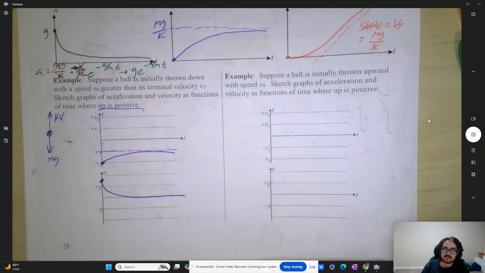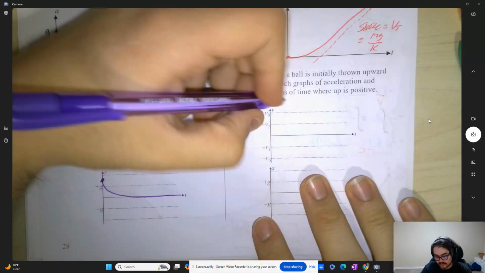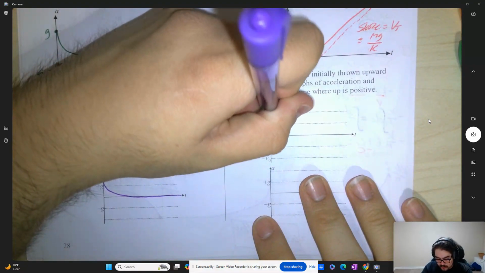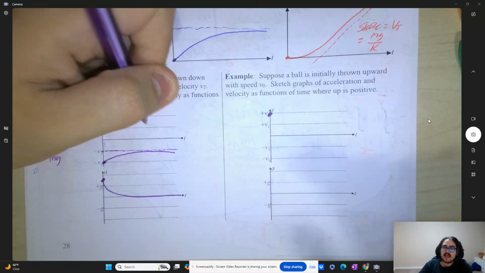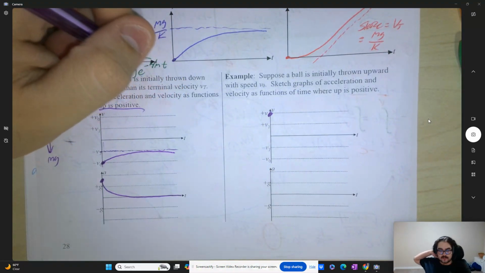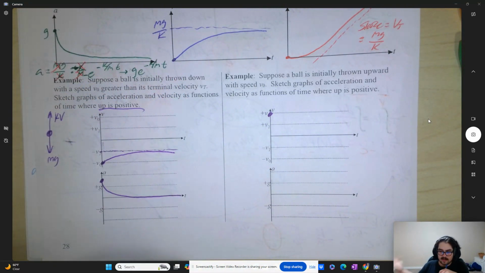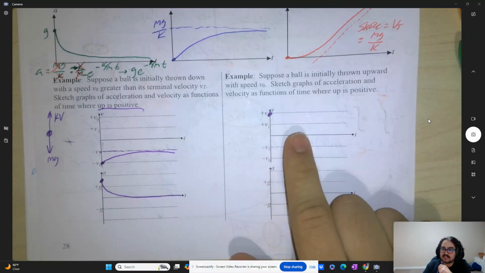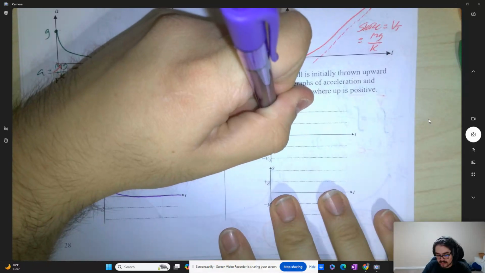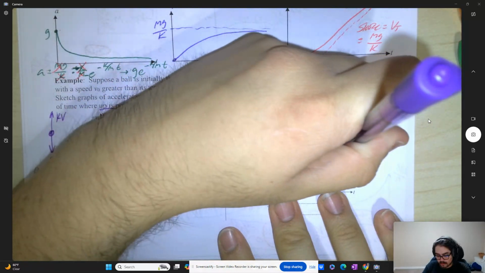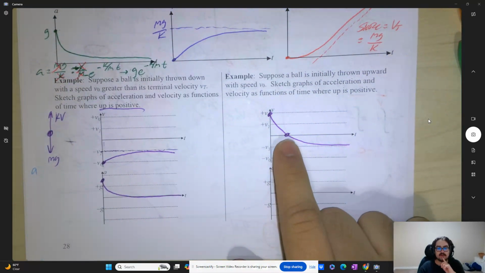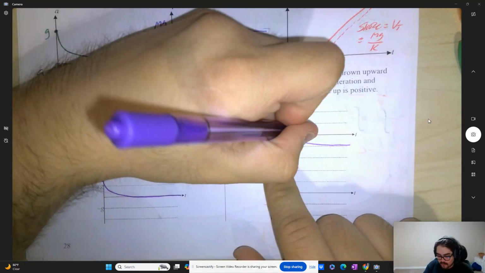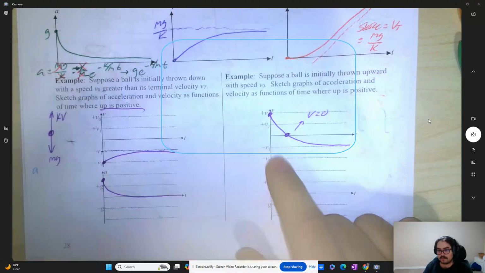For the other example, you throw the ball upward with speed v naught. So instead you're throwing it upward, so we start with a positive v naught. And you know what happens when you throw a ball upward: it comes back down. So we shouldn't end at positive vT, we should end at negative vT. I want you to make a note of this very important location where v is equal to 0.